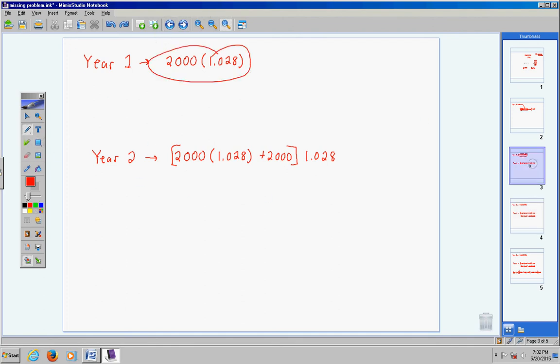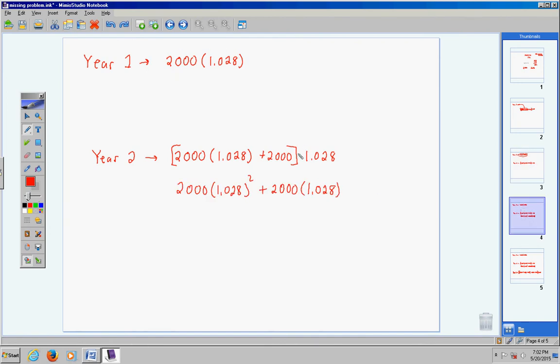Look at this pattern here. This is one term because they're multiplying. Let me change colors to make this easier to see. This is one term because they're multiplying, and this is one term here. There's a plus sign that splits them up.